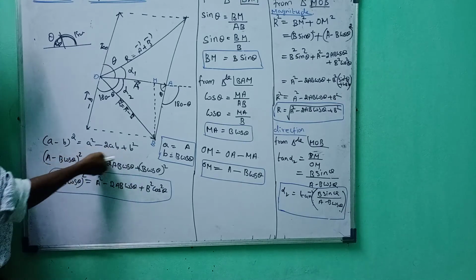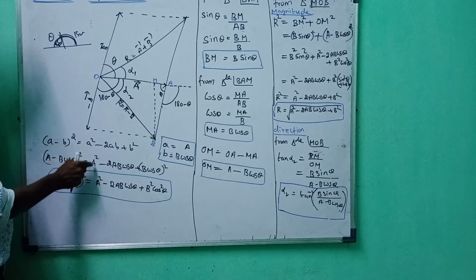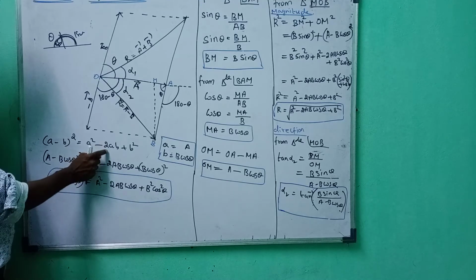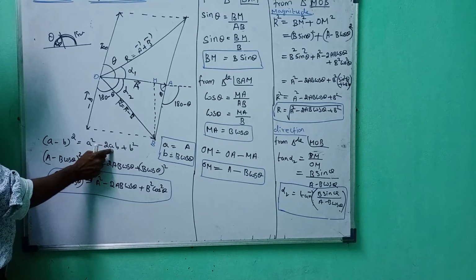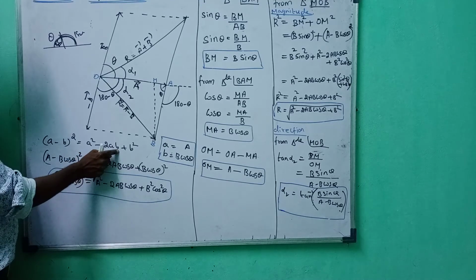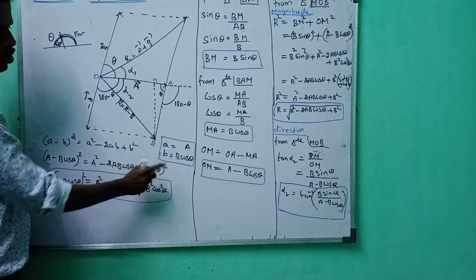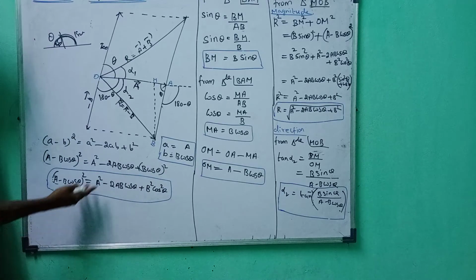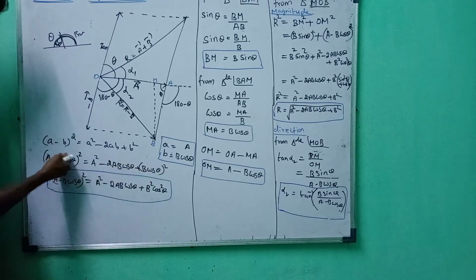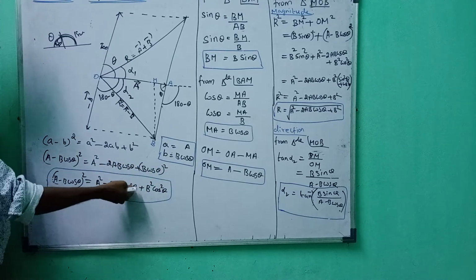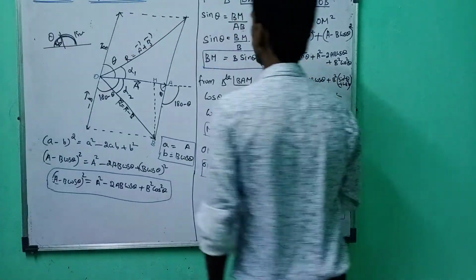In this formula, instead of A we substitute A square, minus 2, capital A, B cos theta, and instead of B square we substitute B cos theta the whole square, I mean B square cos square theta. If we expand this term we will get this one. That only I have written like this.